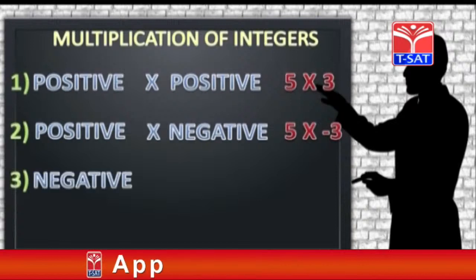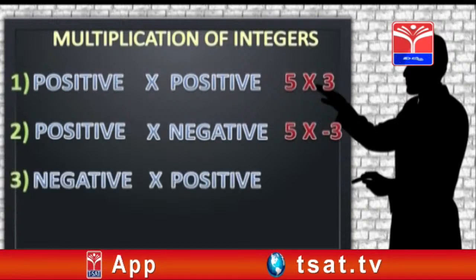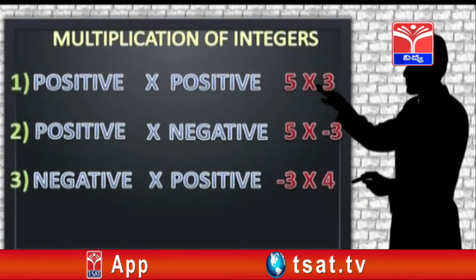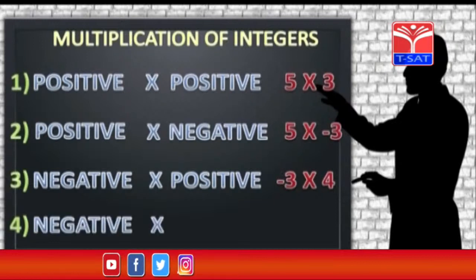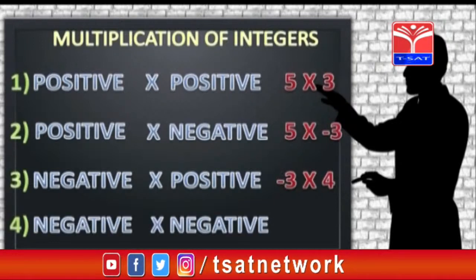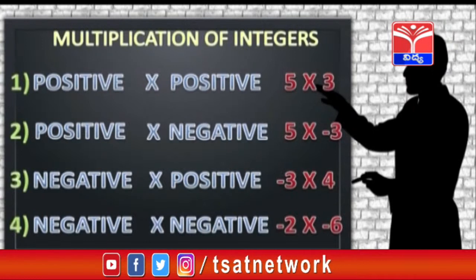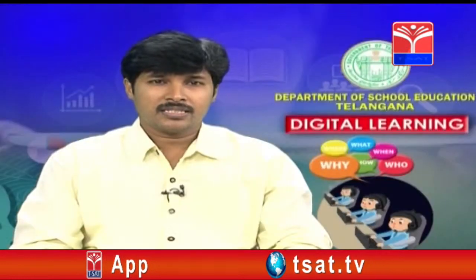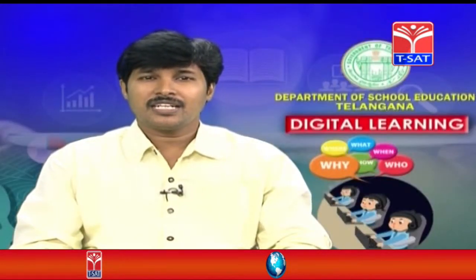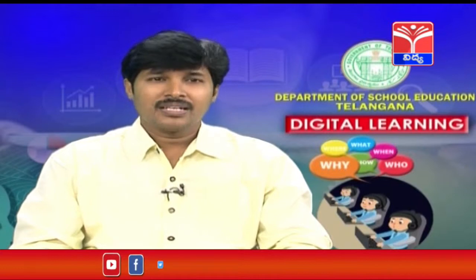And third, negative times positive, that means a negative number multiplied to a positive number, that is minus 3 times 4. And negative times negative, that is a negative number multiplied to a negative number, for example minus 2 times minus 6. These are the 4 products in multiplication of integers that we are going to learn today.